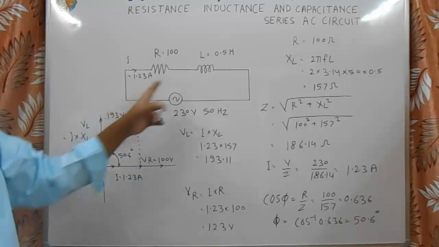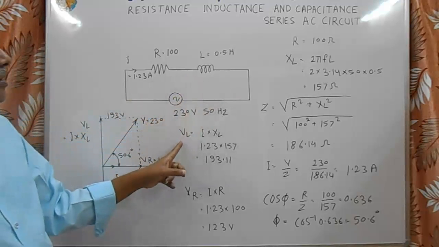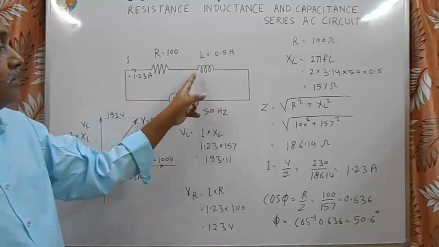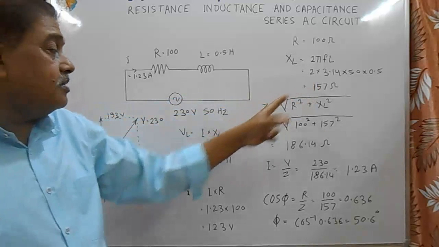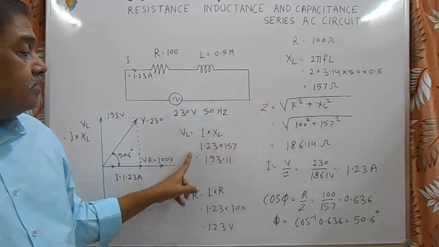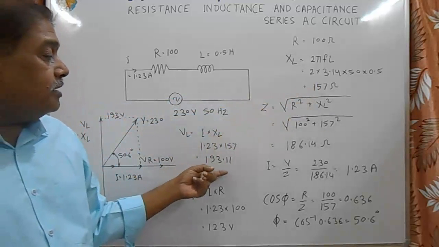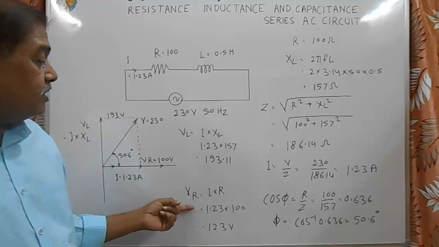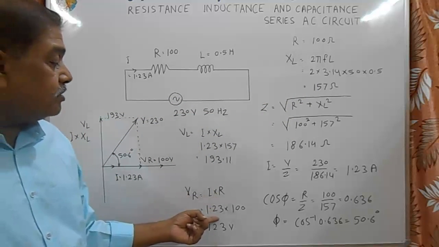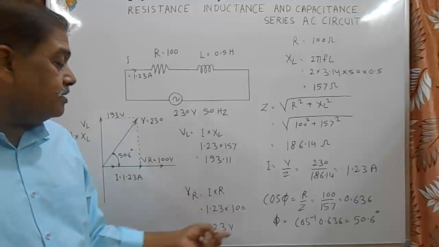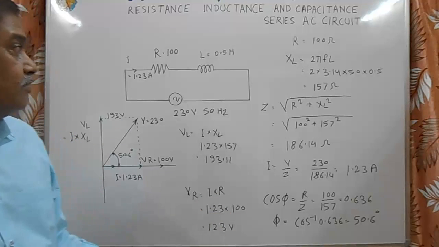Here the voltage across inductance is VL is equal to current I multiplied by XL. XL is 157 ohms. So VL is equal to 193.11 volt, and voltage across resistance is equal to I into R is equal to 1.23 into 100 is equal to 123 volt.